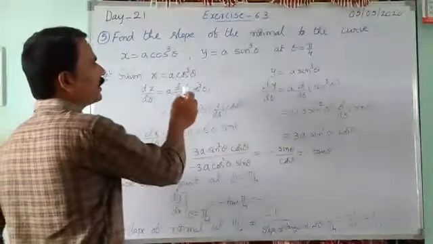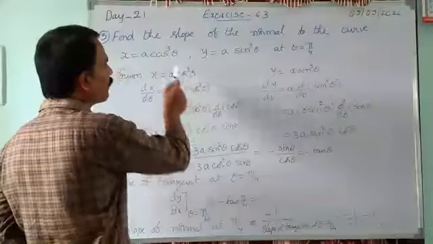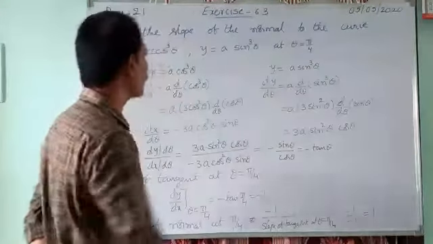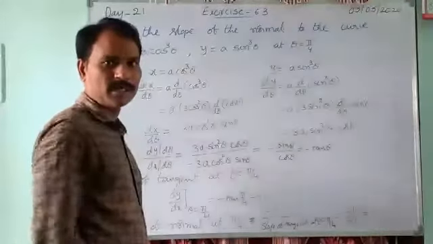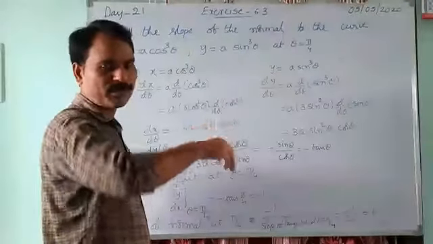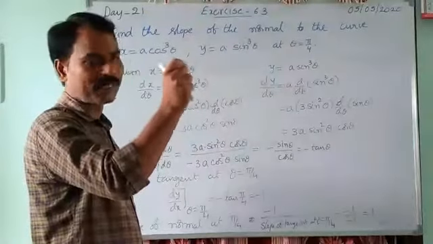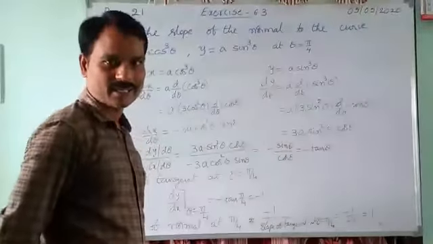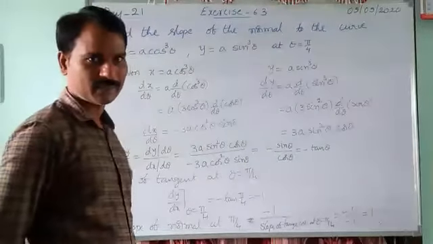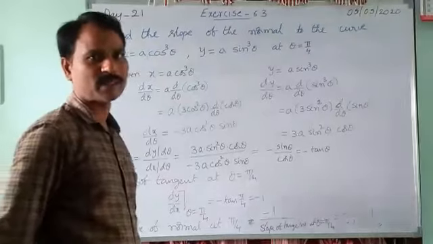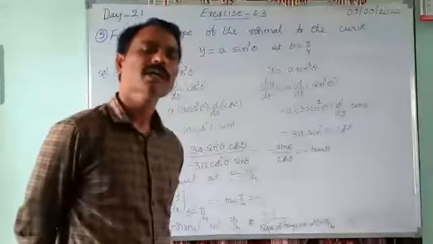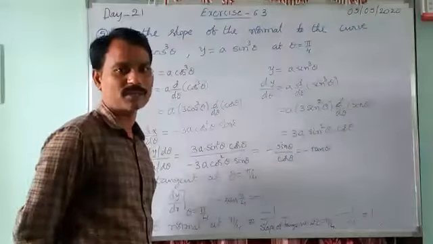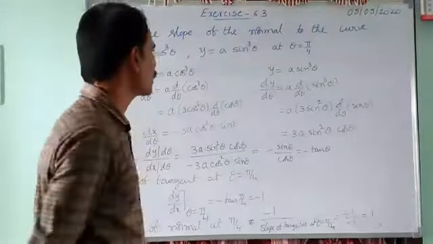So actually, the given curve is in parametric form. Actually, x comma y is the locus point. This point is moving on one curve. That curve's point parameters are x is equal to a cos cube theta, y is equal to a sin cube theta. Already we worked, guys, on the problem where x power 2 by 3 plus y power 2 by 3 is equal to a power 2 by 3. In that we only considered x is equal to a cos cube theta and y is equal to a sin cube theta.